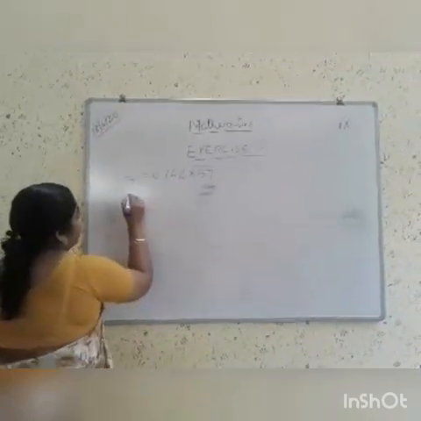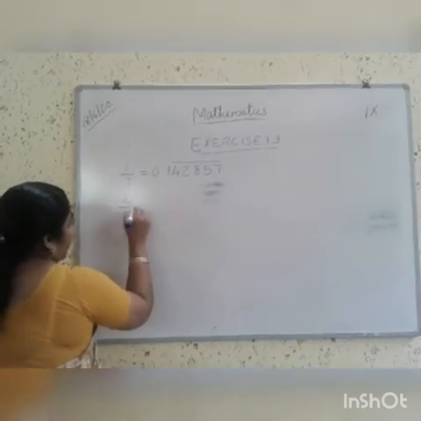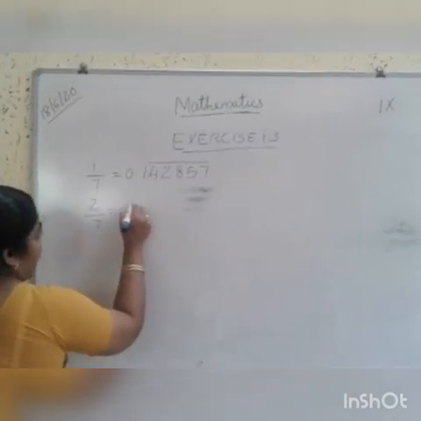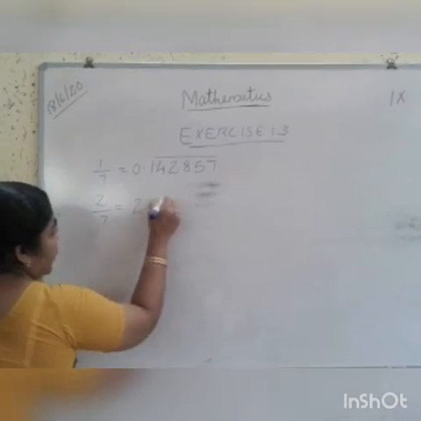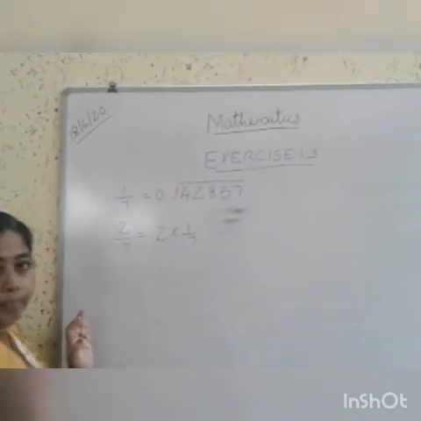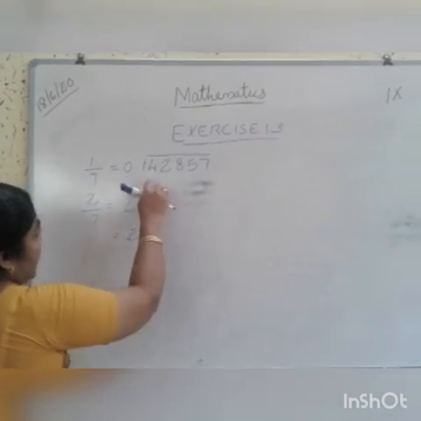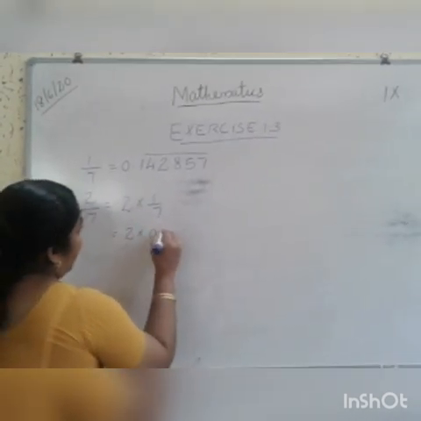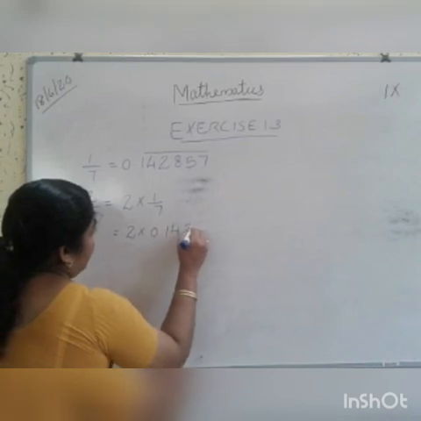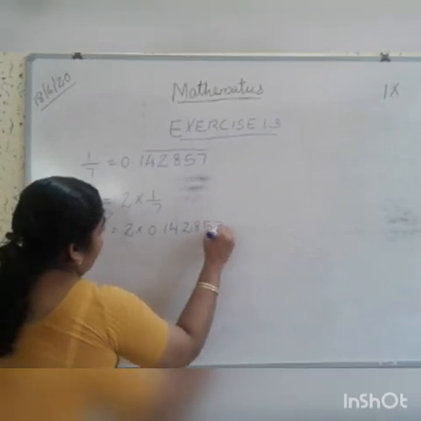Now we can find 2 by 7. How we can find 2 by 7? 2 by 7 is equal to 2 into 1 by 7. That is equal to 2 into, what is 1 by 7? 0.142857 whole bar.